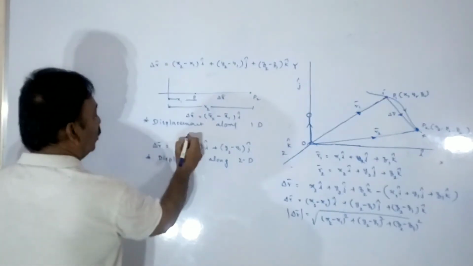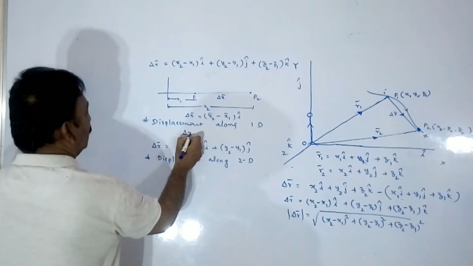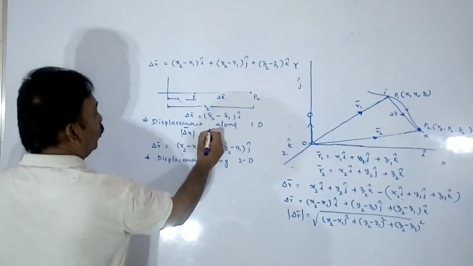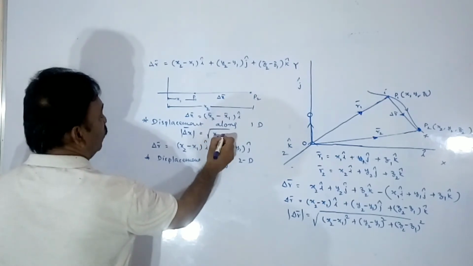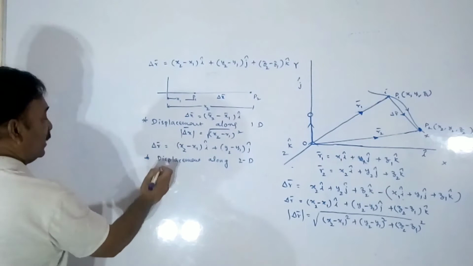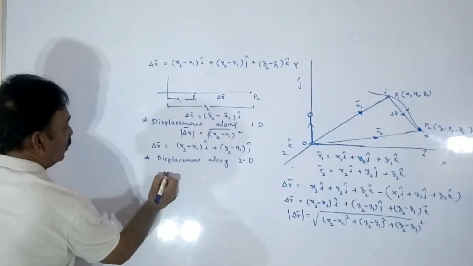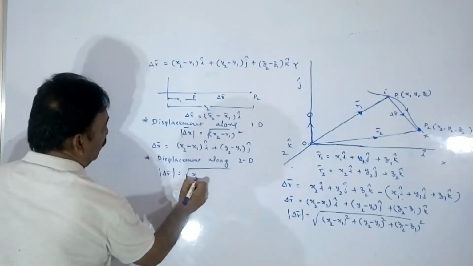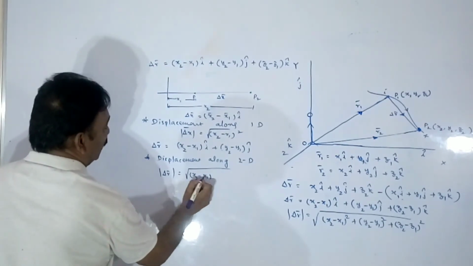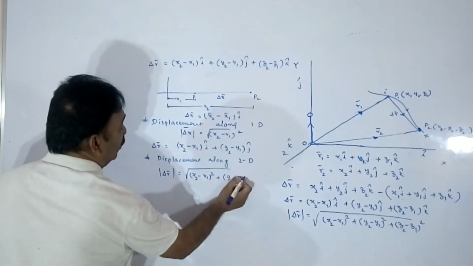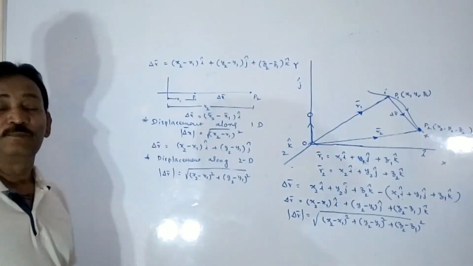Here the magnitude of delta x, that is modulus of delta x, is equal to under root of x2 minus x1 whole square. In this case, the magnitude of the displacement is under root of x2 minus x1 whole square plus y2 minus y1 whole square.